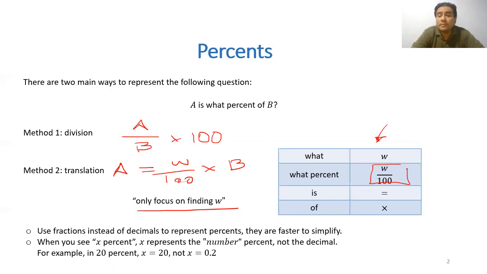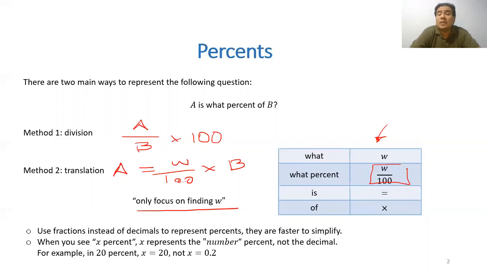Well then, fractions are usually easier to operate than decimals, so they are really faster to operate or simplify. Even though decimals are quicker to write or formulate, you have to be careful not to confuse the variable x of the percent with the decimal.